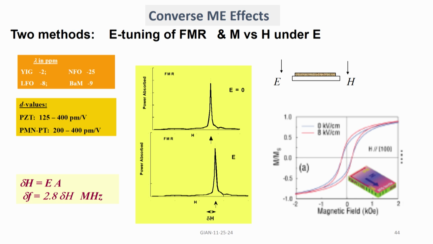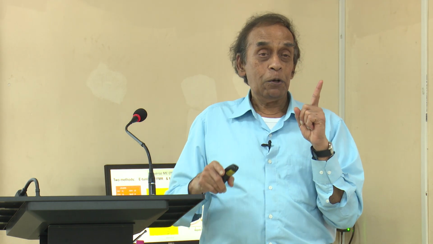But you have to satisfy the resonance condition. I told you this, the magnetization precesses around the field at a particular frequency. So you have to match the frequency of the microwave to that precession frequency. When you do that, it happens. So there are two options. One is you can fix the static magnetic field, scan the frequency, you will see the resonance.